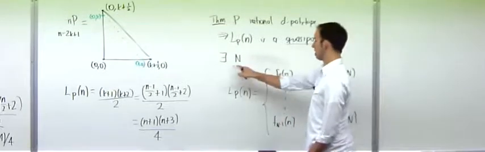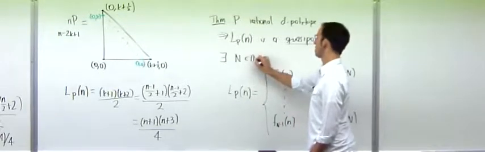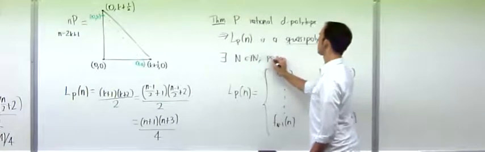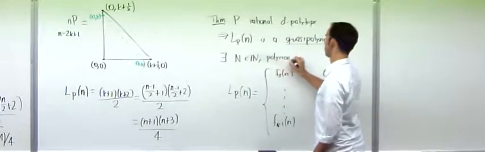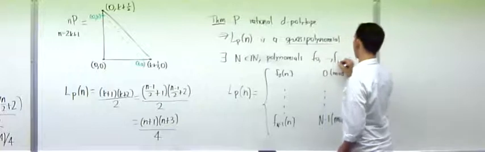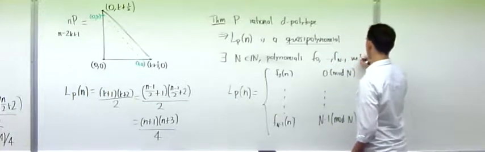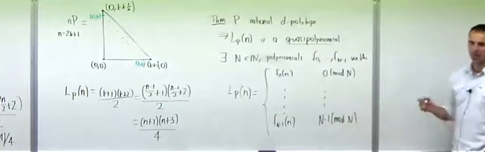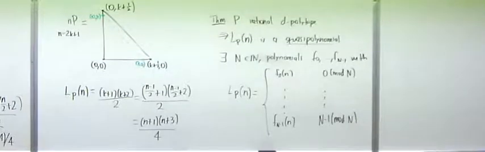So there exists a natural number n and polynomials f0 up to f n minus 1 such that we have something like this. Okay?